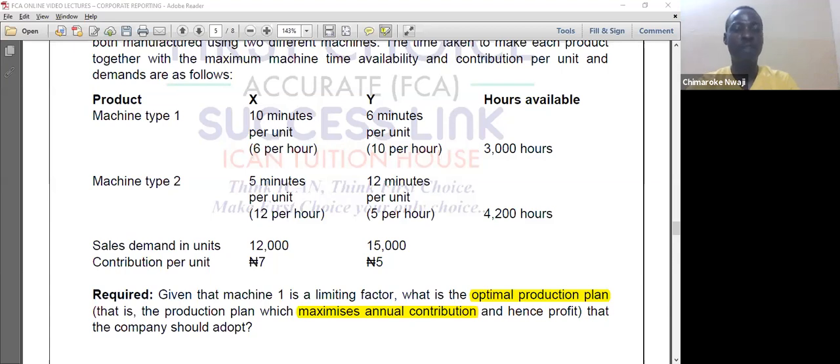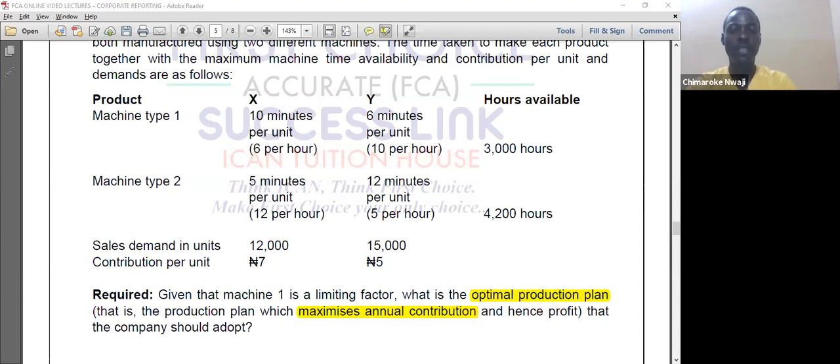So this is what you have. All you now do is 1,500 hours divided by 10 over 60 will give you 9,000 units.